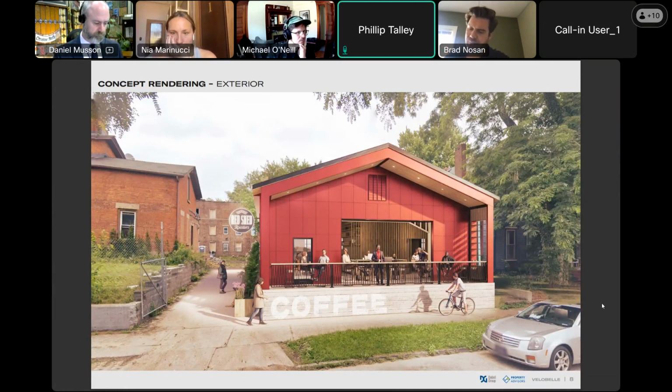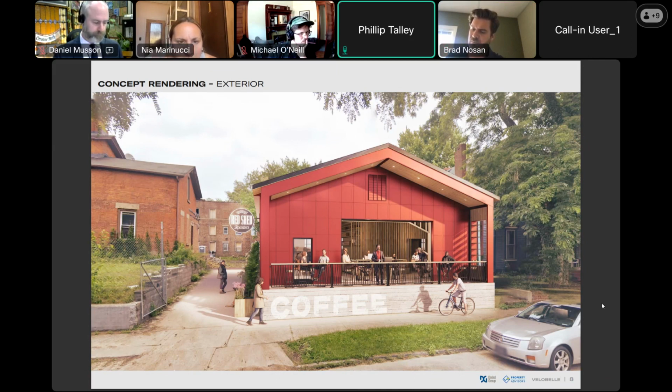So I wonder if there isn't a different option there. Yeah, we could explore what that would look like if we close it off. I understand, that makes sense to me. You may not want people sitting right there feeling like they're in your front yard. Yep, absolutely. But aside from that, I think this would be kind of wonderful for the neighborhood.